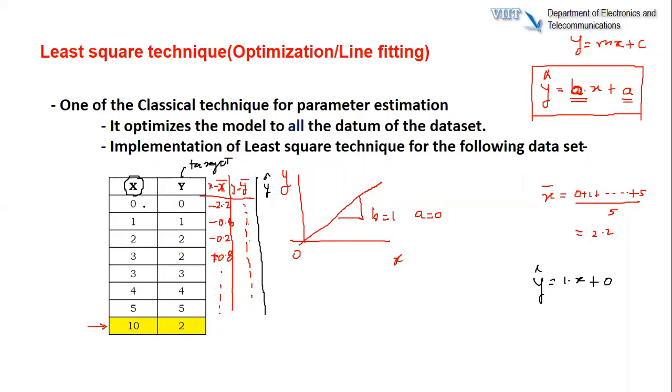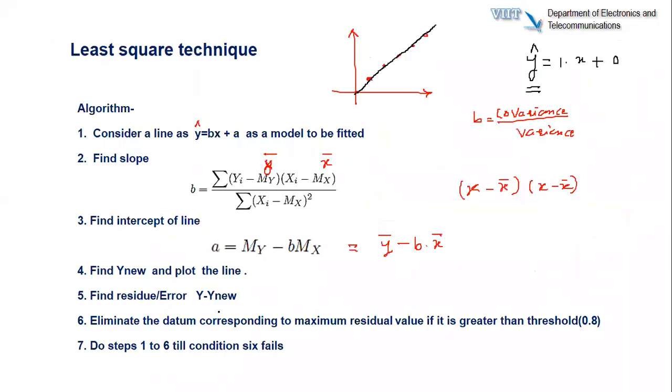So for 0 I will get 0, for 1 I will get 1, 2, 3, 4 and say 5. I'm ignoring this last sample. So for all this data I am getting exactly this. So this is how we estimate the new values.